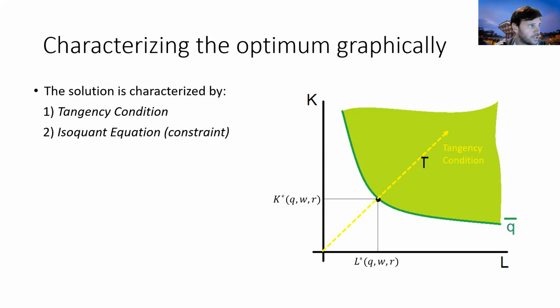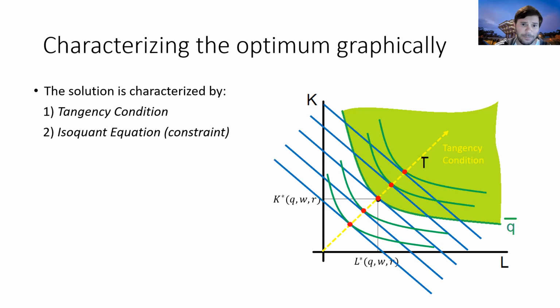In our Cobb-Douglas example, the tangency condition happened to be a linear equation that described the set of points in the entire isoquant map where the slope of the isoquant equals the slope of the relative prices implied by the slope of the isocost curve.